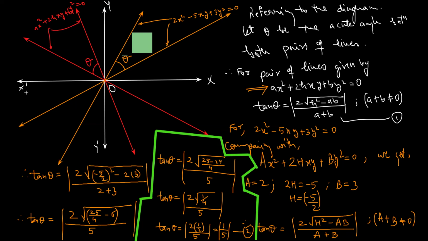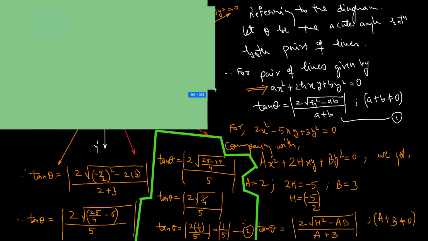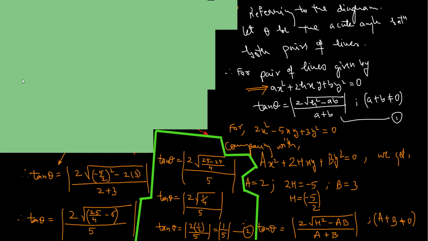So tan of theta for the red pair of lines is going to be same as tan of theta for the orange pair of lines. So, therefore, from 1 and 2, I can write mod of 1 upon 5 is equal to mod of 2 root of h square minus ab upon a plus b.